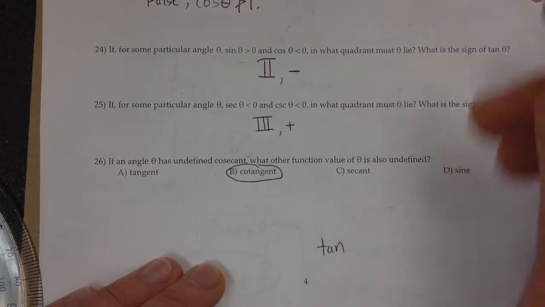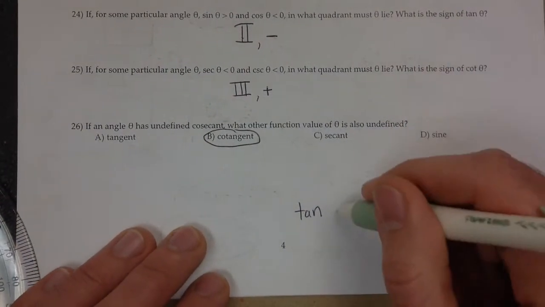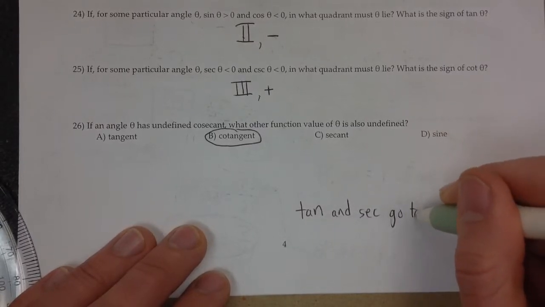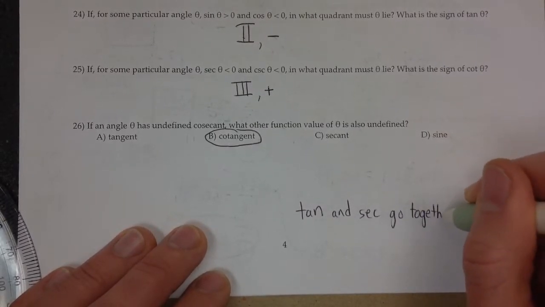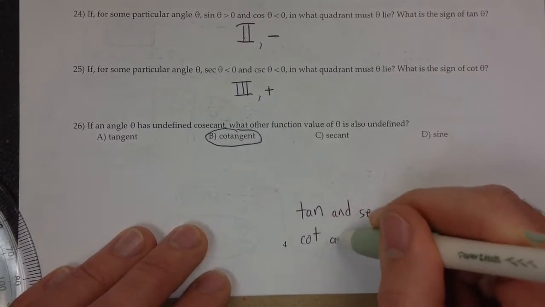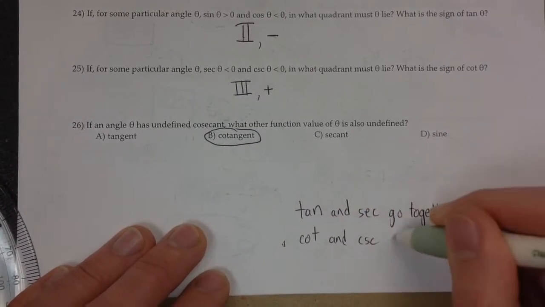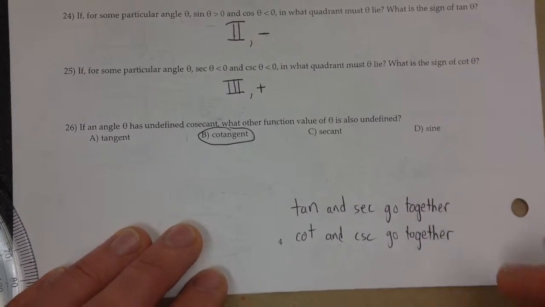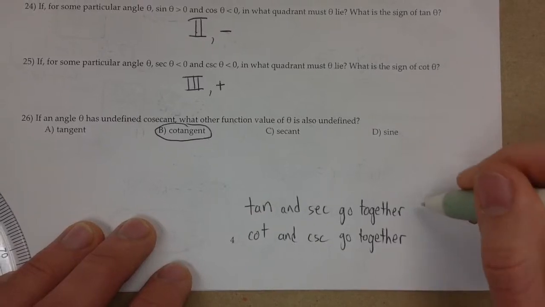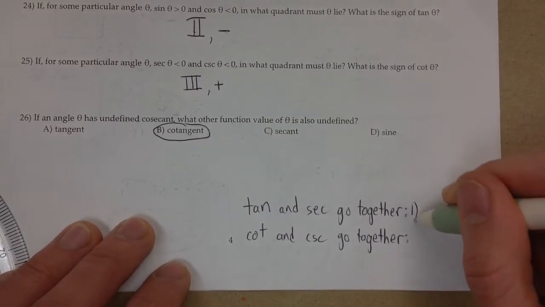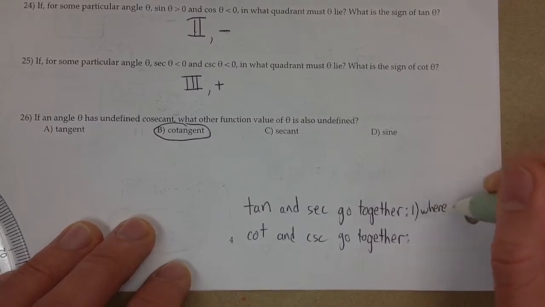I will repeat it because I think it's very helpful. Tan and secant go together. Cotan and cosecant go together. They go together in two senses. One, where they are undefined.